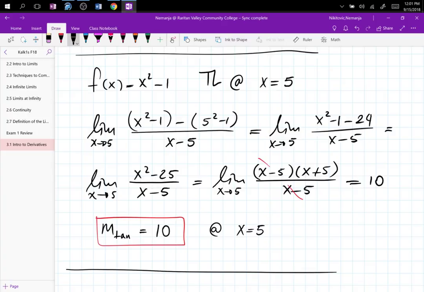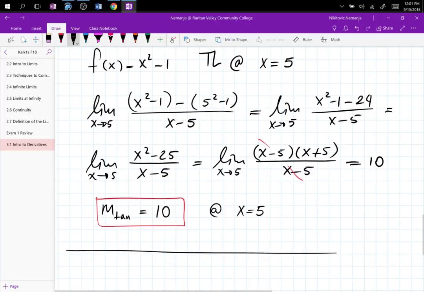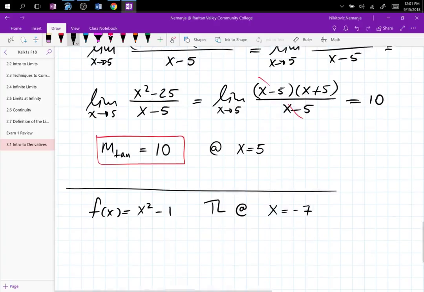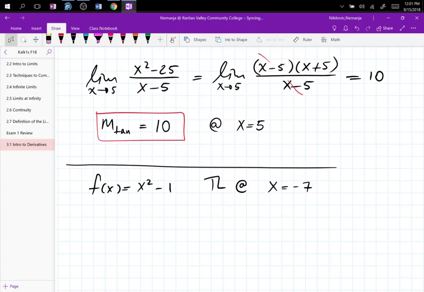You know what? I didn't really want a 5. I wanted -7. So same function, -7. -7 is better, you know, for everyone concerned.